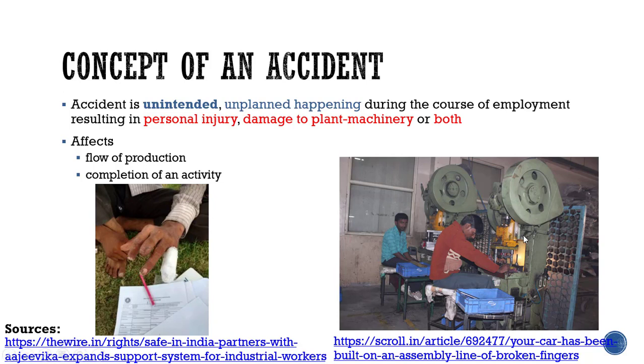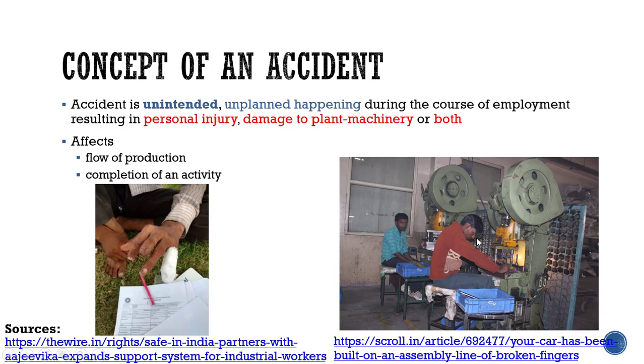Generally this kind of mechanical system will not have safety equipment to protect the workers from getting injured. That is the real case which prevails in India, because most of our mechanical components are being manufactured using this kind of equipment.